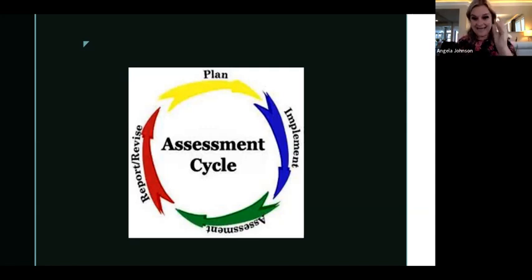So planning your instruction, so instruction and assessment, do that with your hands. And then connect. So teaching and assessment are connected.